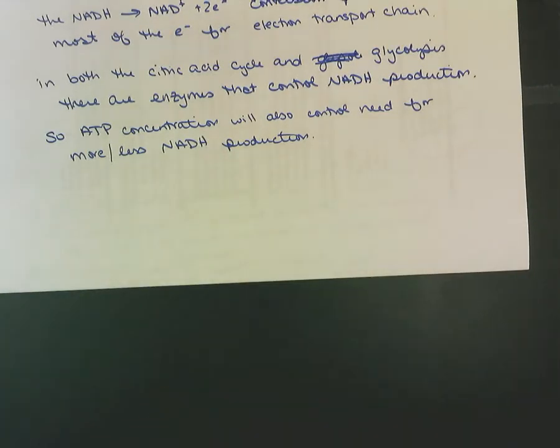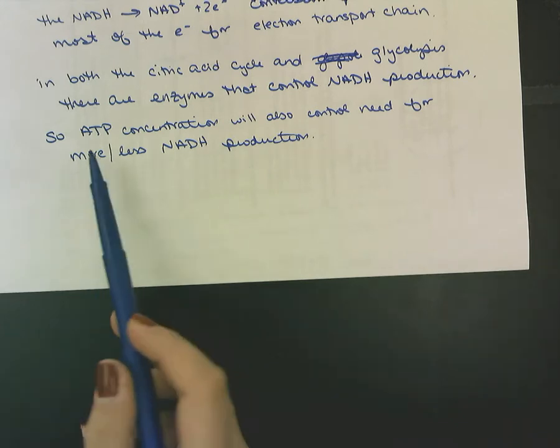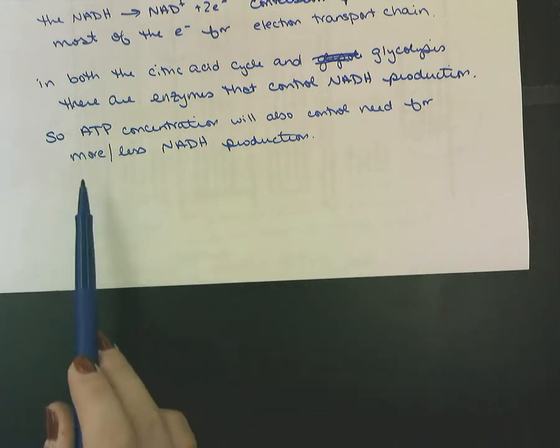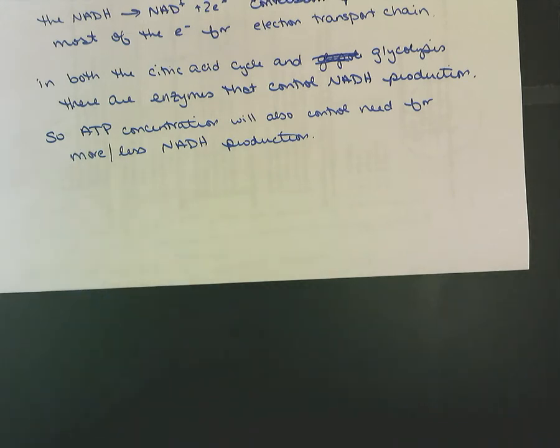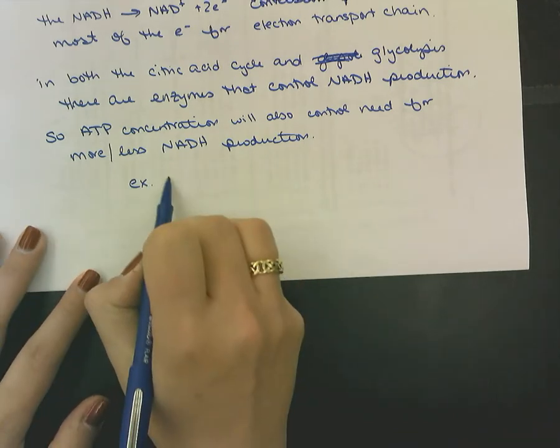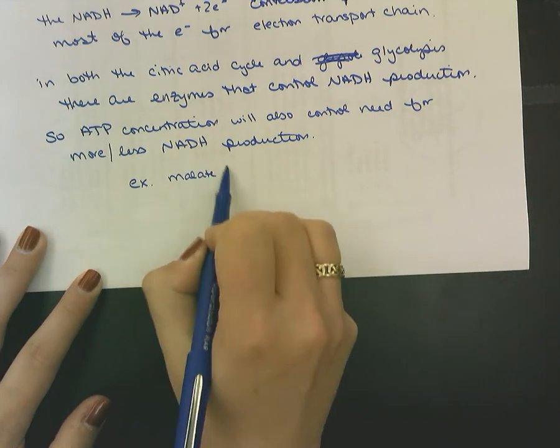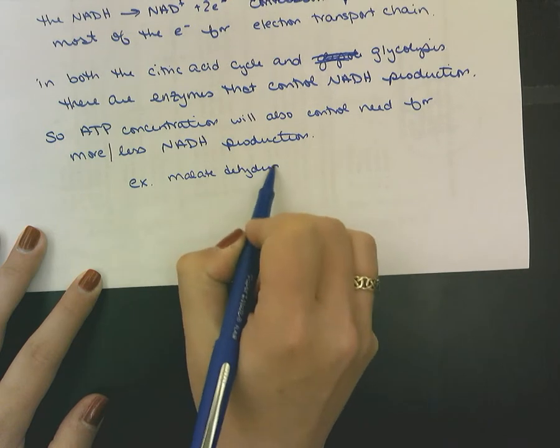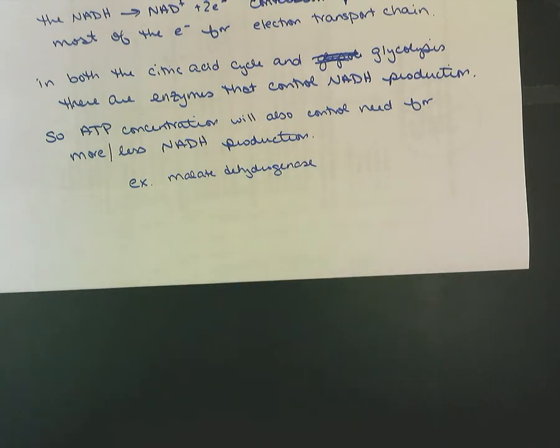So besides all the other ways we have to control, like PFK and all those enzymes, ATP concentration also controls these enzymes that use NAD plus to make NADH. For example, these are just a few. Malate dehydrogenase is an enzyme that uses NAD plus to make NADH.